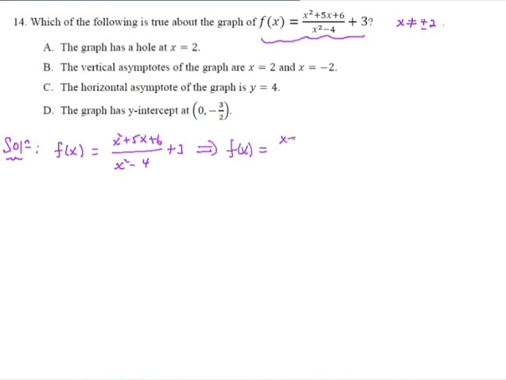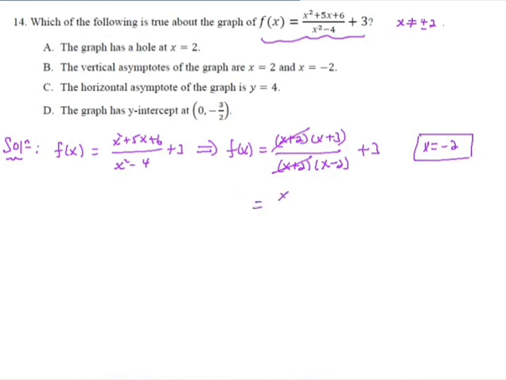But let us put this function in its simplest form. Then x squared plus 5x plus 6 means (x plus 2) times (x plus 3), over x squared minus 4, which means (x plus 2) times (x minus 2), plus 3. Now we can have something that can be cancelled out. x plus 2 is cancelled out, which means at x equals minus 2, there will be a hole in the graph of the function.